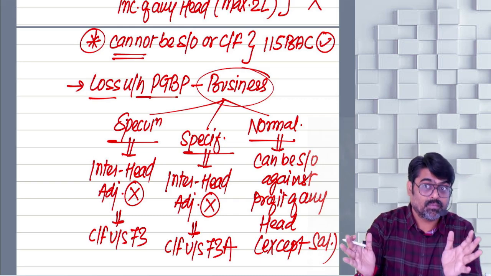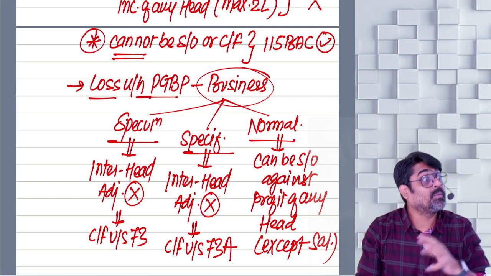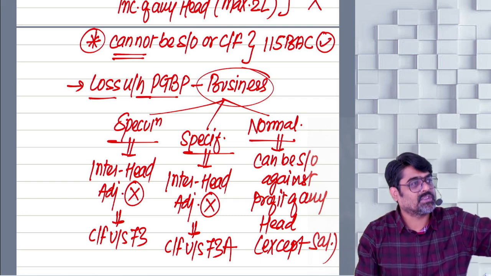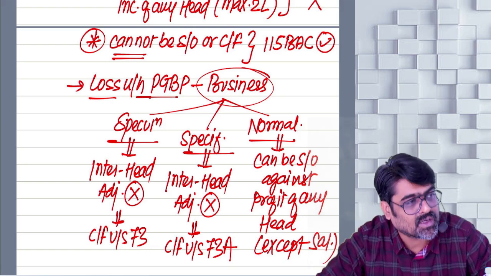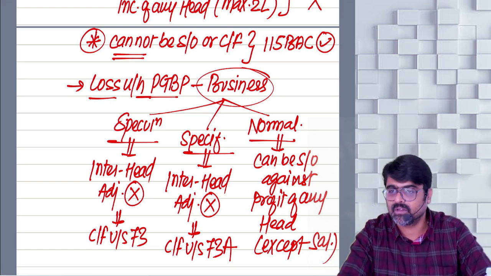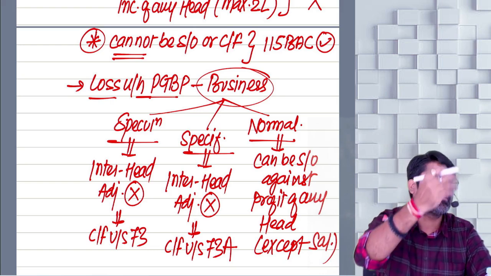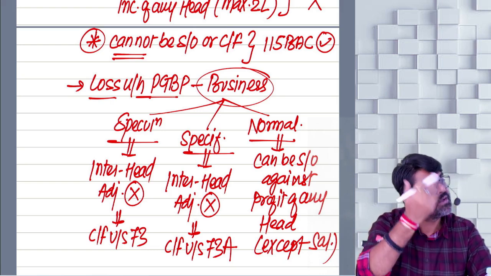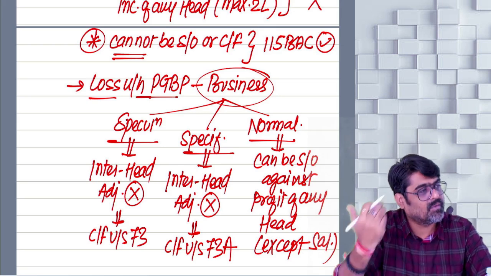Because of the volume, the losses will be huge. Just imagine if some assessee is earning a salary of 10 lakh. He does not want to pay tax on that 10 lakh rupees of salary. What will he do? He will start a business. Some assessee earning 5 lakh salary, he will start a business. Every employee will start a business.